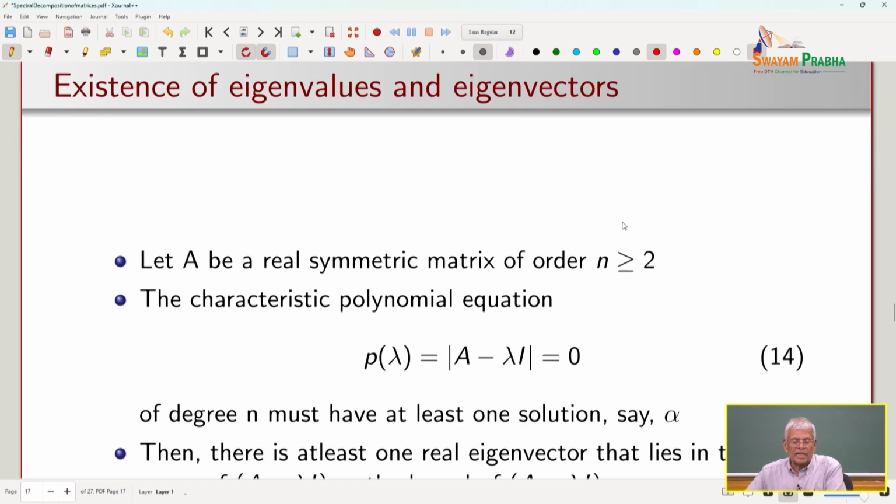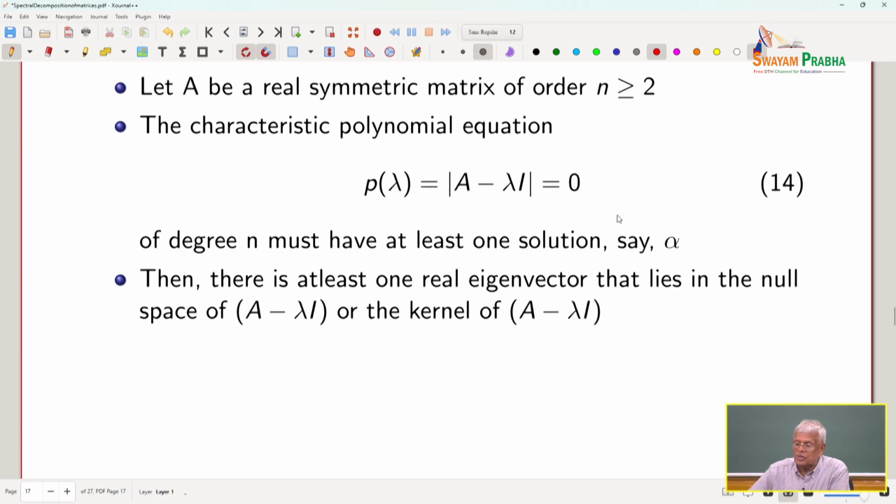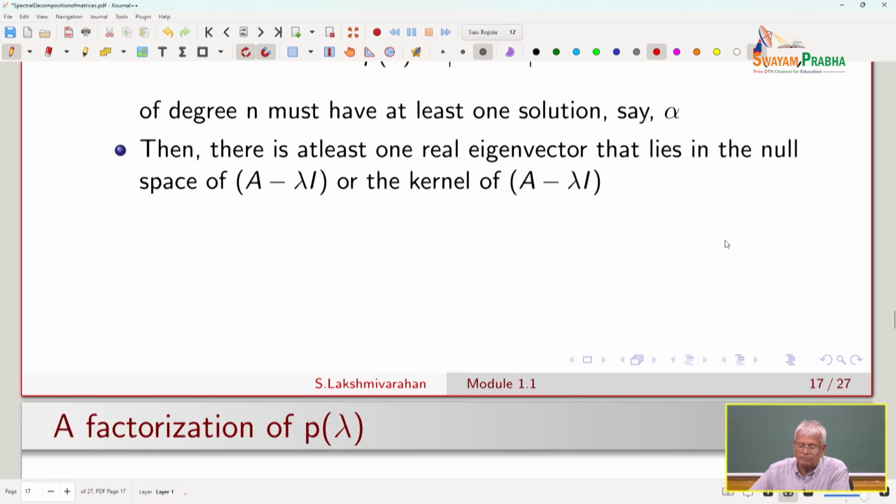Existence of eigenvalues and eigenvectors. If A is a real symmetric matrix of order 2 or more, the characteristic polynomial is given by the determinantal equation 14: the determinant of A minus lambda I must be 0. Then there exists at least one real vector that lies in the null space of A minus lambda I. The null space, in mathematics, is also called the kernel.